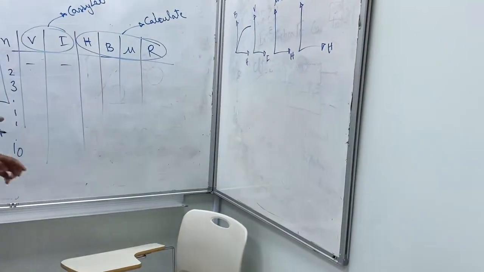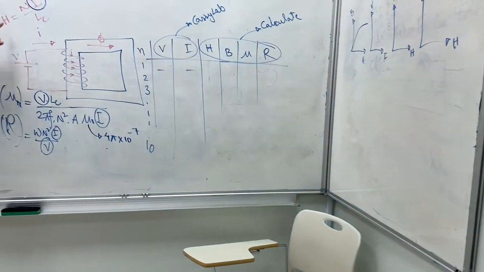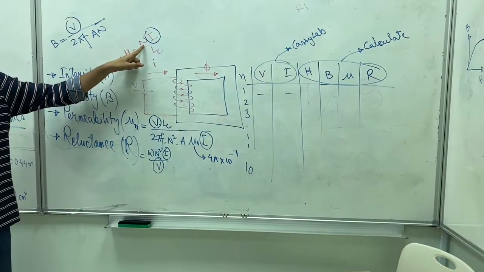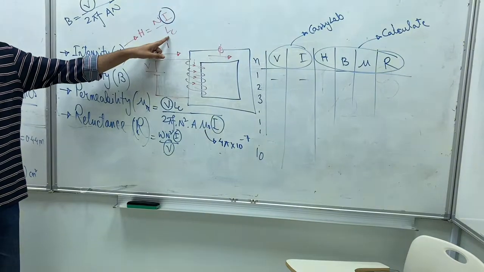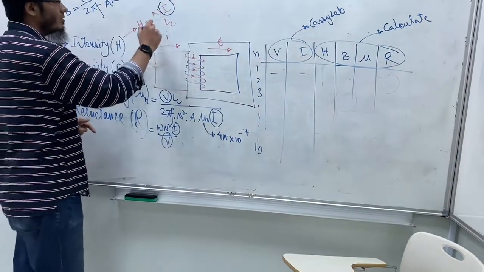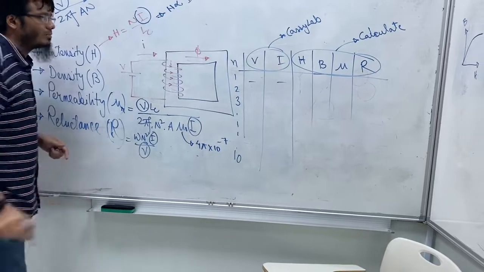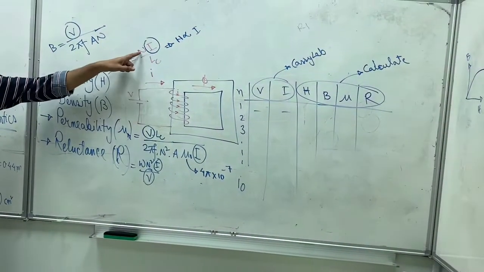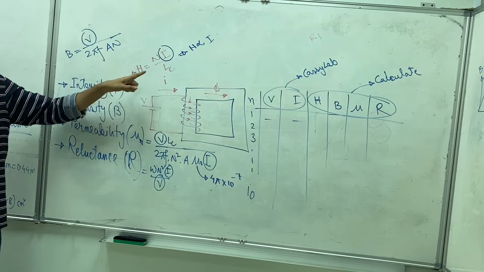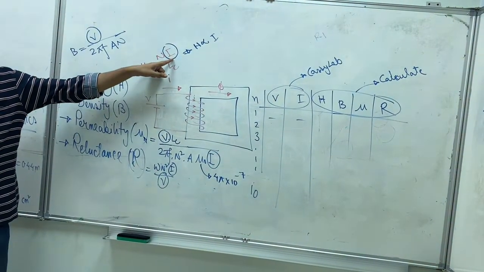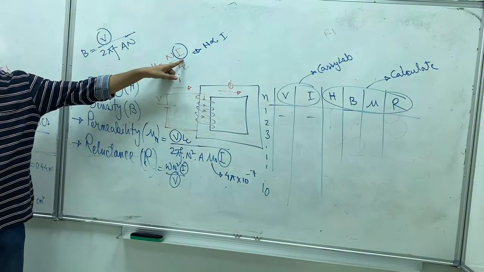So here, one interesting thing is that N is a constant, right? Yes. LC is a constant. So can you say that H is directly proportional to I? Since N is constant and LC is constant, of course H is directly proportional to I, right? Are you with me? Okay.